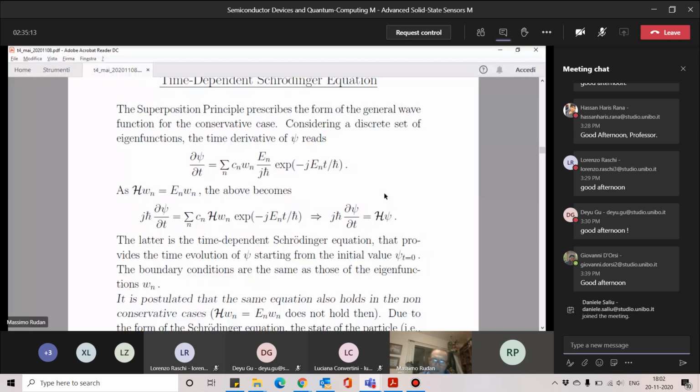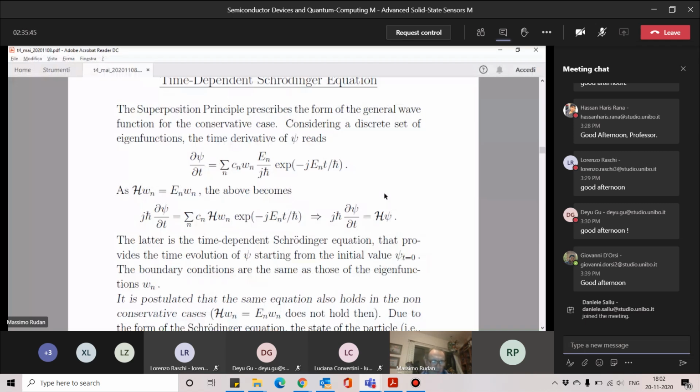As for the boundary condition in space, obviously we have to use the same boundary conditions that we would use in the time-independent equation, because the operator that operates on space is still the Hamiltonian. Okay, so in general, we apply the vanishing of the wave function at infinity. Okay. Is this enough?